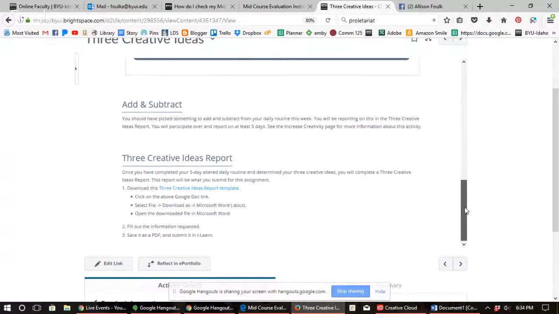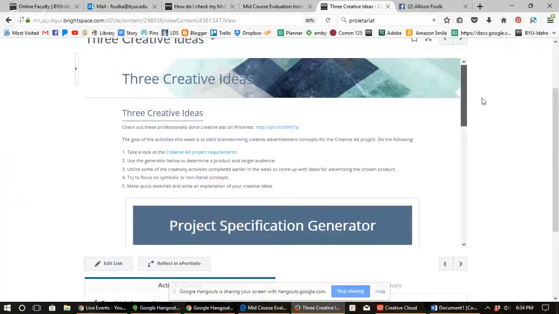And so then I'm going to brainstorm about how I would make an advertisement for a pencil sharpener. And hopefully doing those activities earlier on in the week will help me be really creative. And then I can finish reporting on how my adding and subtracting habits from my daily life is going, and do the second portion of this assignment, which is applying it to an ad. Okay, so that's what I'm looking for.